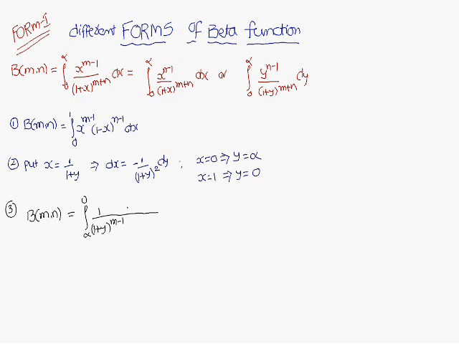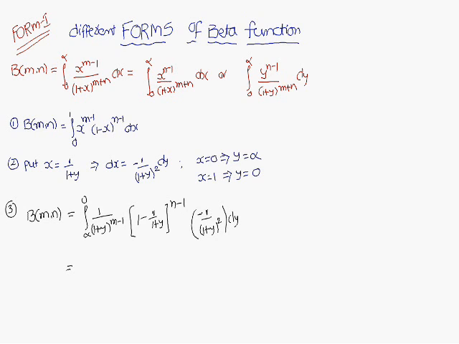Next 1 minus x. 1 minus x means 1 minus 1 by 1 plus y whole power n minus 1 into dx means minus 1 by 1 plus y whole square into dy.